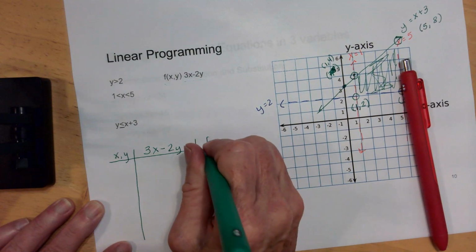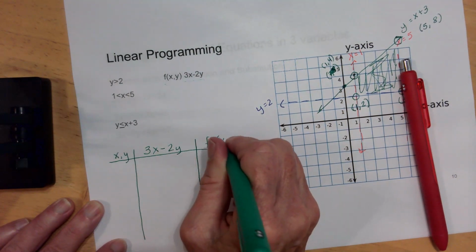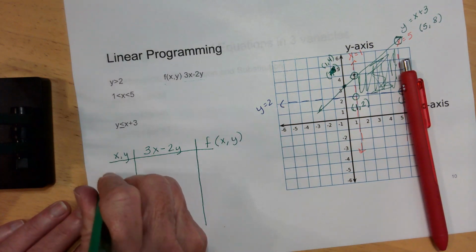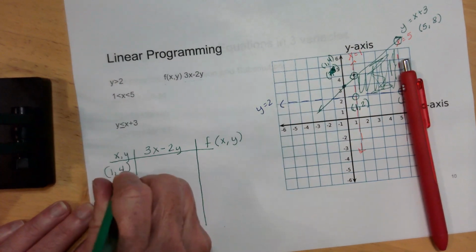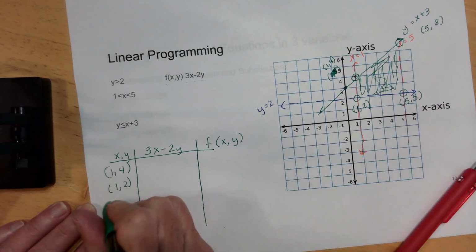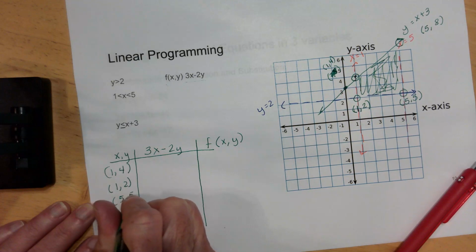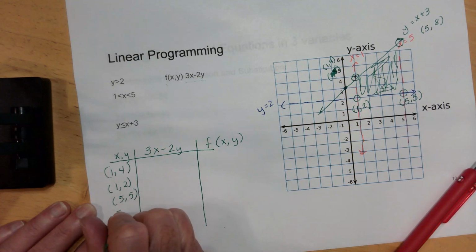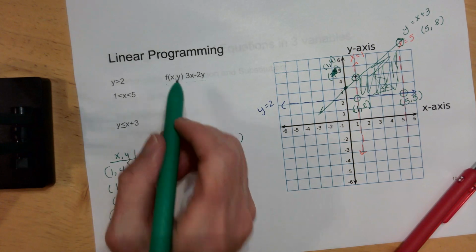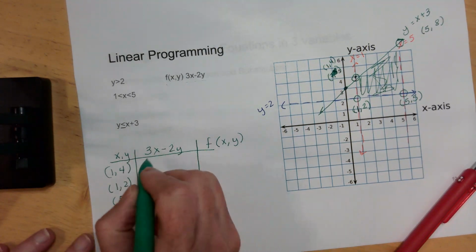And this is going to be the answer that I get from that equation. So I'm plugging in 1, 4. I'm plugging in 1, 2. I'm plugging in 5, 5. And I'm plugging in 5, 8. And I'm plugging them into that equation, that constraining equation.